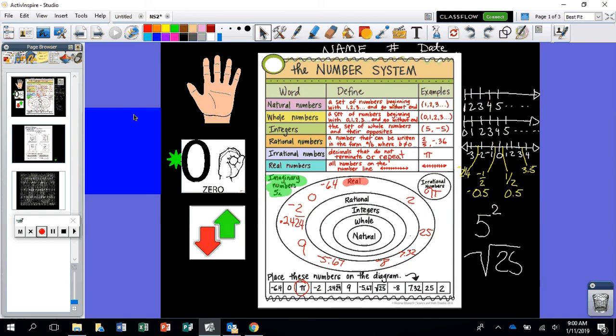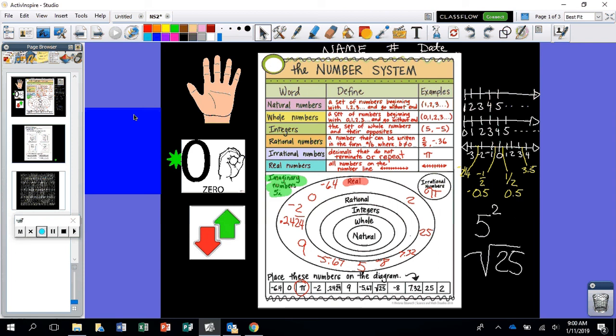So the square root of 25 would be 5, because the square root means one number times itself that equals this answer. And so we know that 5 times 5 is 25. And so 5 is definitely going to go on our list because it's still a real number.